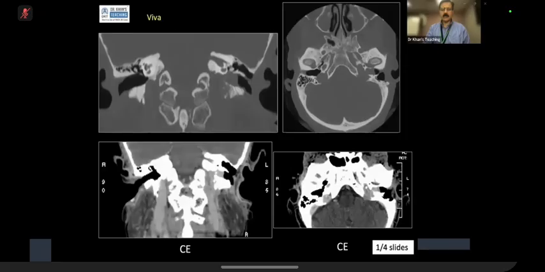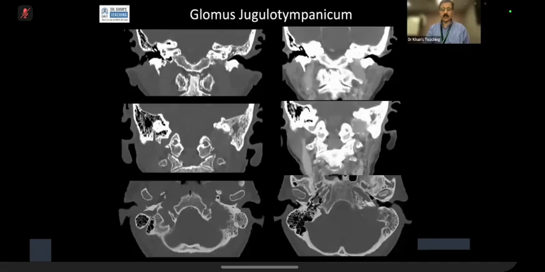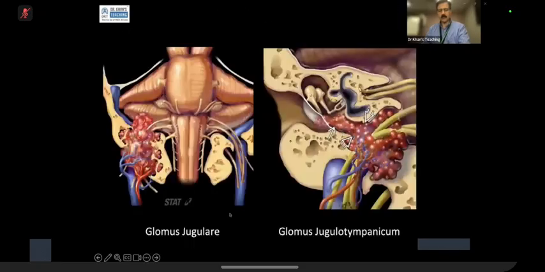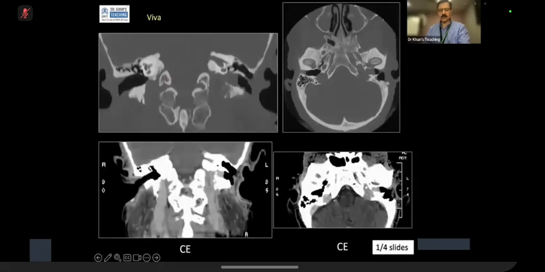Key point to remember is that glomus tumors cause permeative bony destruction. Remember this. You can imagine how, because it's very vascular, it will cause permeative bony destruction.